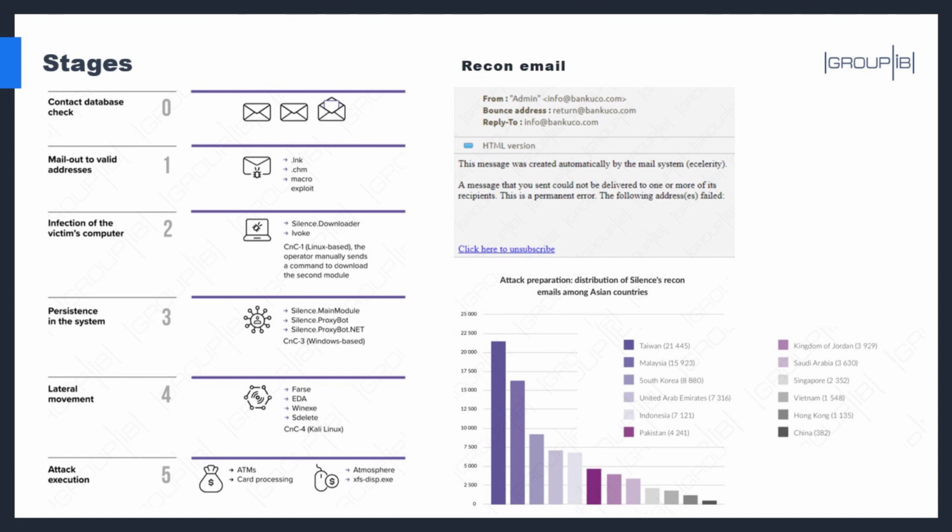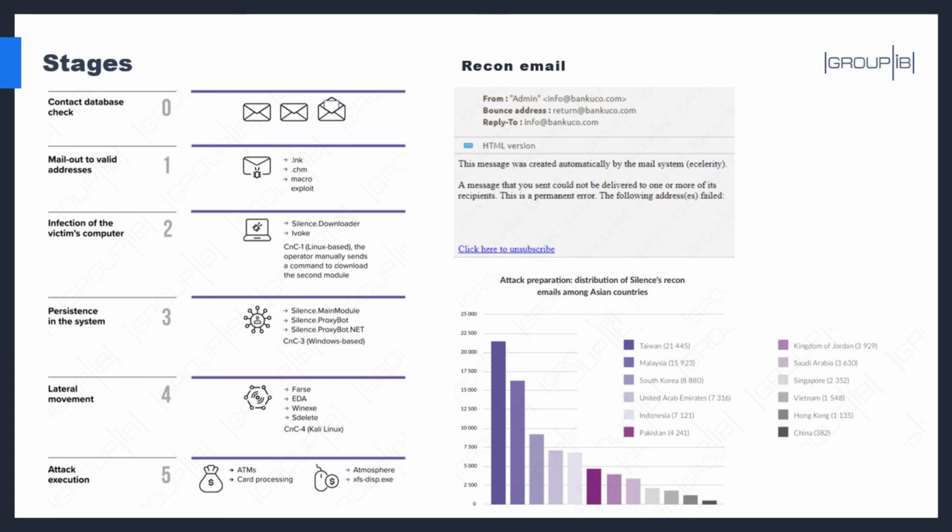On the validated email list, they send spear phishing emails with attached Office documents with macros or exploits, compiled help files (CHM), and/or link files (LNK). After a victim opens the attachment, the first stage downloader is executed.